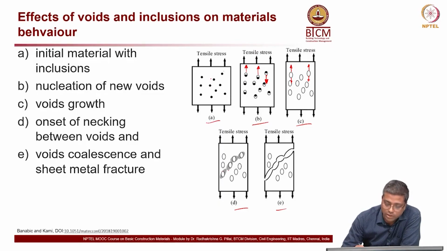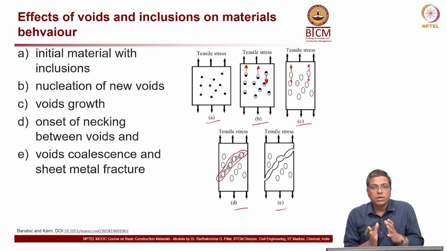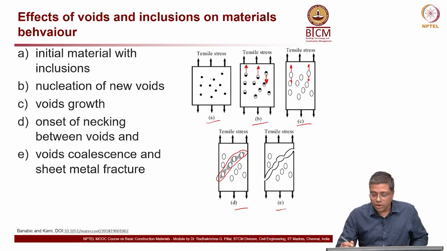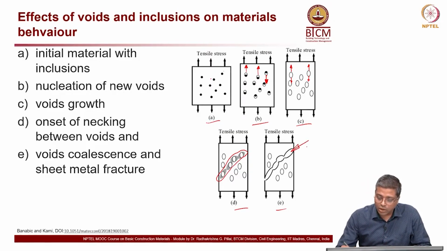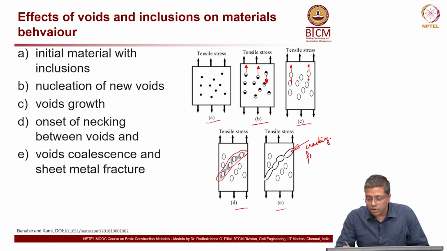There is a flow of material at this stage. You can see this shaded region, they get connected, or the voids tend to become one large void, and eventually they crack. So that is crack or coalesce, and then cracking happens, or even fracture.